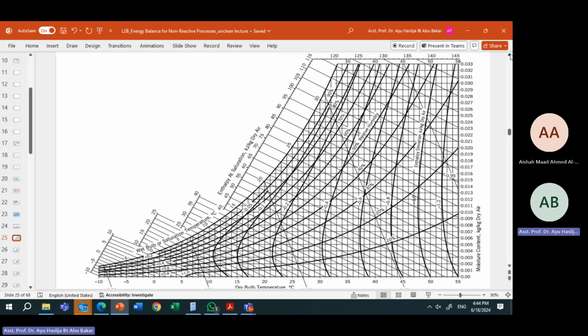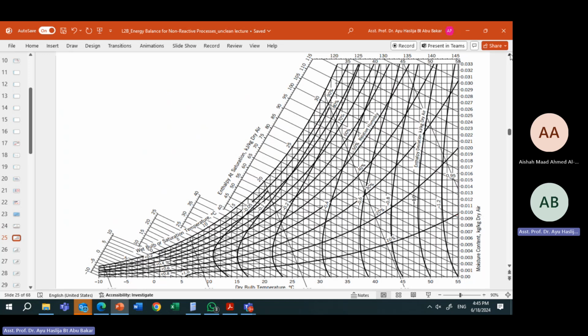If you notice, this line is the percentage of humidity. And then this one is the enthalpy deviations. This diagonal line is the enthalpy. But this line is the enthalpy deviation, how much it deviates from your enthalpy reading over here. Okay. And then this one is the wet bulb saturation temperature.